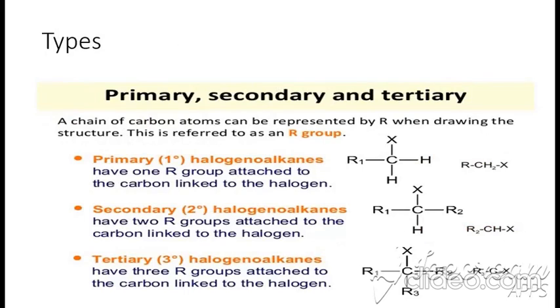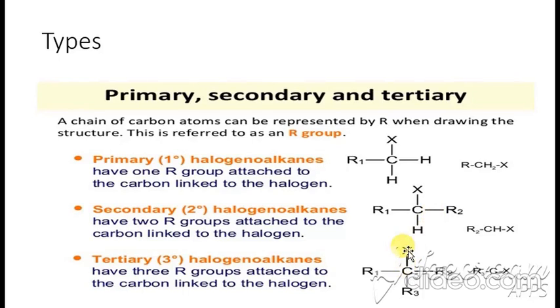Now another type is on the basis of the carbon atom to which the halogen is attached: primary, secondary and tertiary alkyl halides. If the carbon attached to the halogen is further attached to only one carbon atom or a hydrogen atom, it is called a primary alkyl halide. If the carbon attached to the halogen is further attached to two alkyl groups, two carbon groups, then it is called secondary.